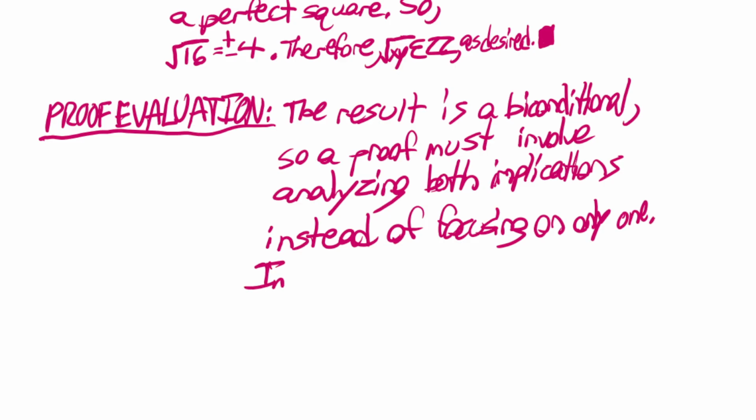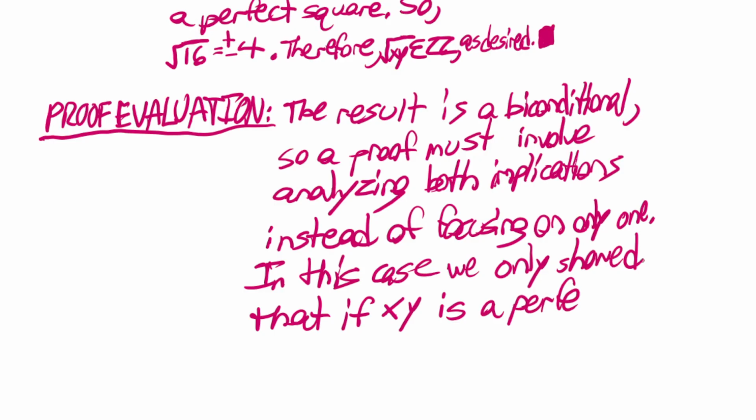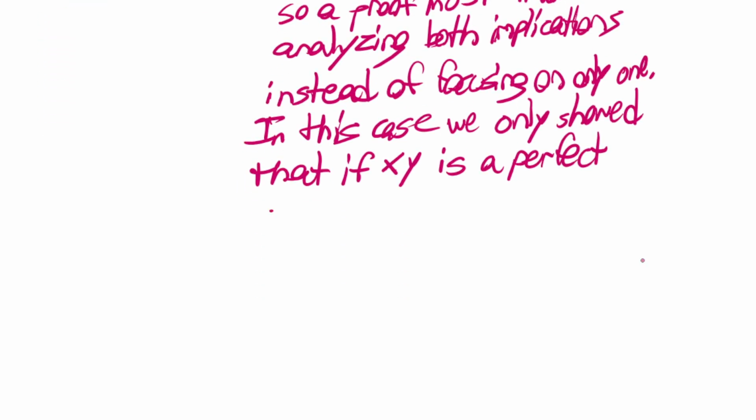So in this case, we only showed that if xy is a perfect square, then the square root of xy is an integer.